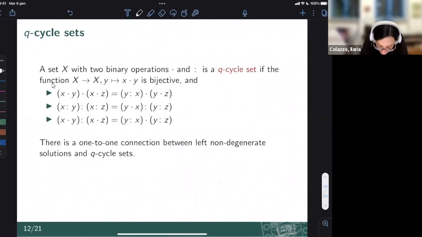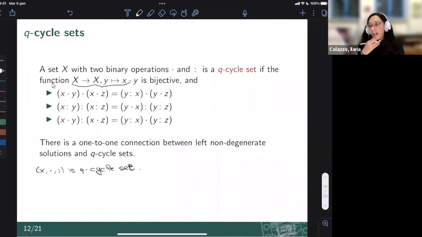So if (X, dot, colon) is a Q cycle set, by assumption we know that the map that has no name here is bijective, then we can consider its inverse. So for us, lambda inverse x of y will be equal to x dot y.